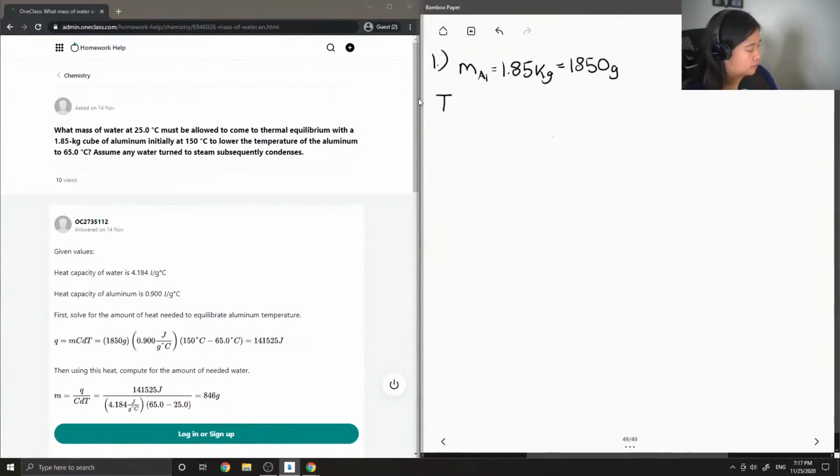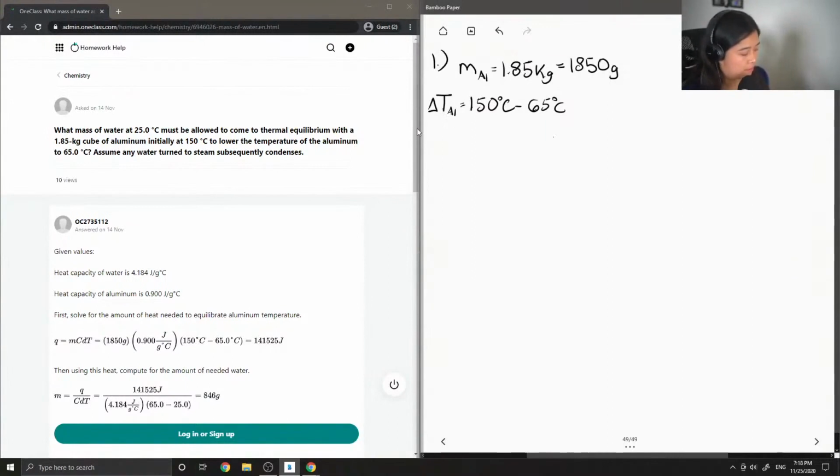Okay, so they also give us a T initial for the aluminum. I'm just going to do delta T of aluminum is equal to 150 degrees Celsius minus 65 degrees Celsius.